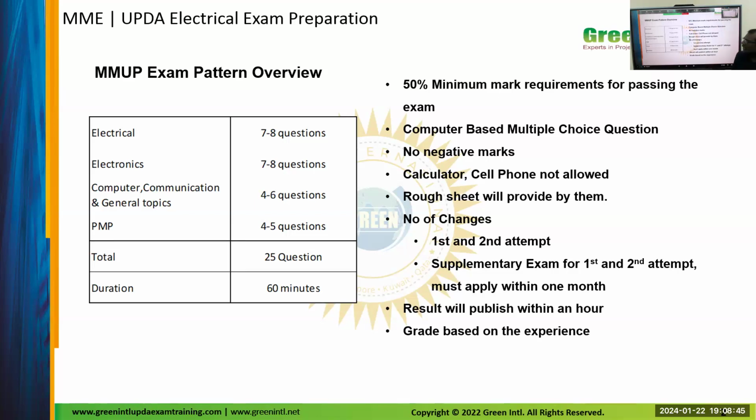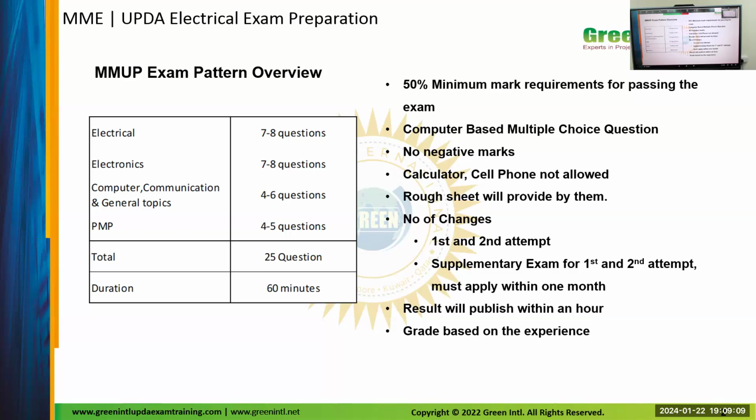So here we have 25 questions. All the questions are multiple choice questions, computer based multiple choice questions. In general, we have 4 options. Mostly we have multiple choice questions and each question has 4 options.